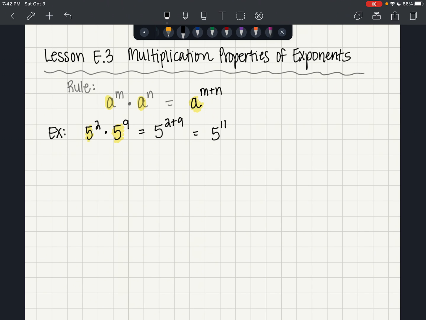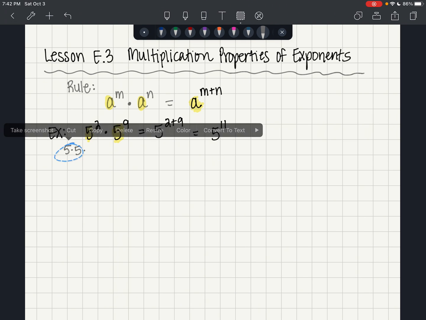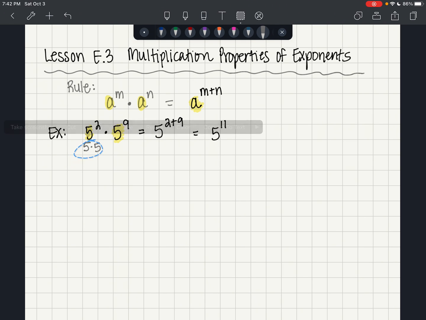Let me show you why that is. If I have 5 squared, that's 5 times 5, and I'm going to multiply that by 5 to the 9th. So 5, 5, 5, 5, 5. I believe that's 9. 1, 2, 3, 4, 5, 6, 7, 8, 9.